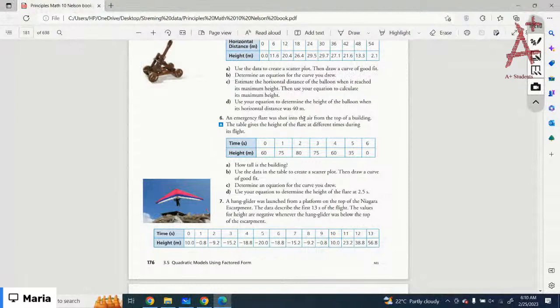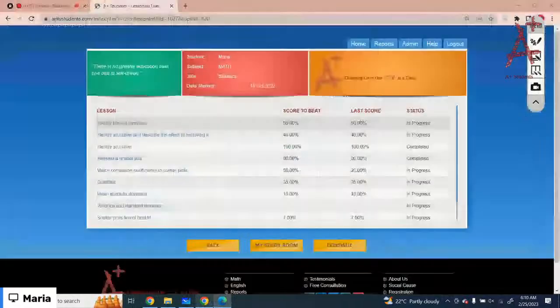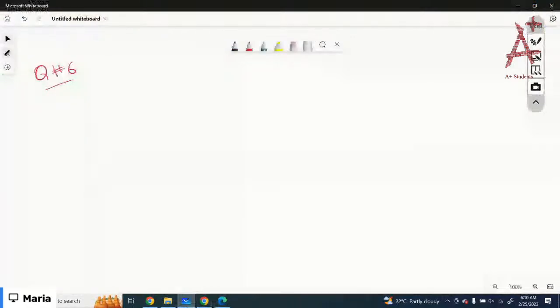On time 0, the height is 60, which means the height of the building is 60 meters. For part A, since the flare was shot from the top of the building at time 0, from the table of values, the height of the building is 60 meters.